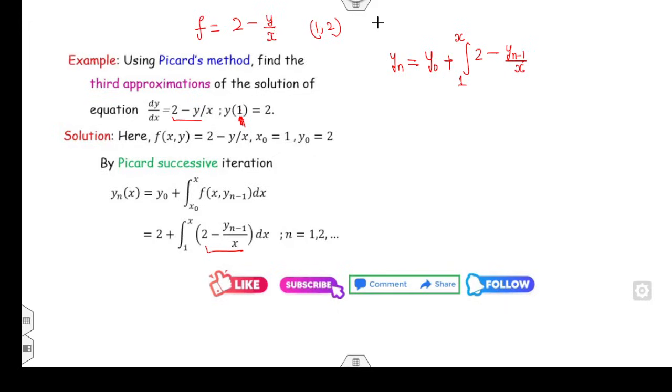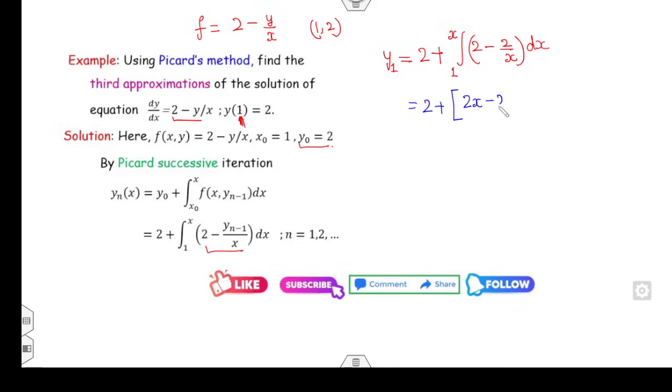Now let's start with the first approximation, y1. So y naught is 2. Integration from 1. So what is y0? Y0 is 2. So 2 minus 2 over x. Can you find the integration? 2 plus, it is 2x minus 2 log x from 1 to x.